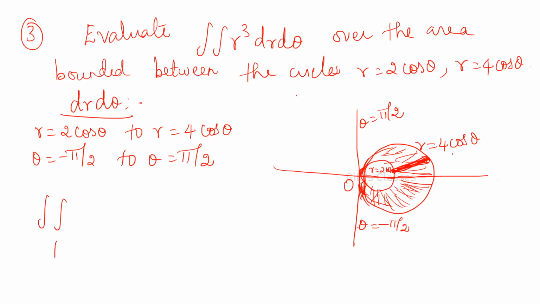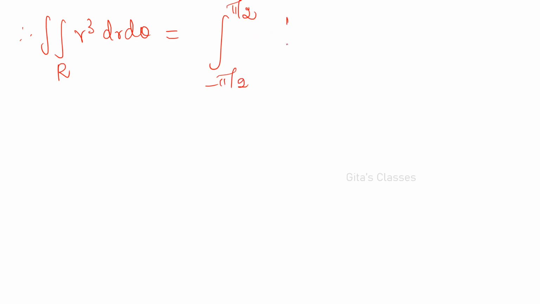Therefore, the double integral of r cube dr d theta is, substituting these limits, integral from minus pi by 2 to plus pi by 2, integral from 2 cos theta to 4 cos theta of r cube dr d theta.